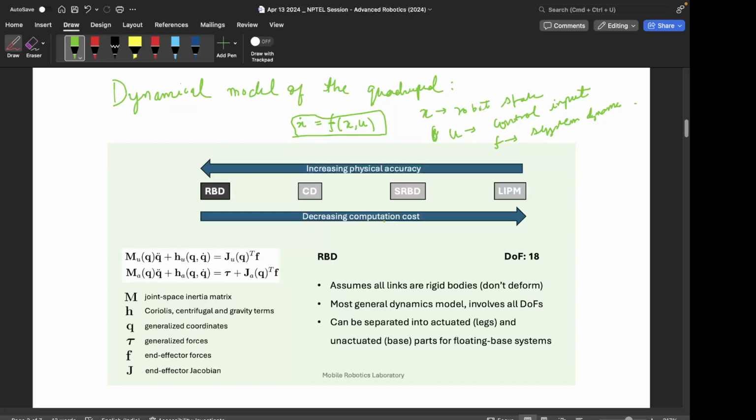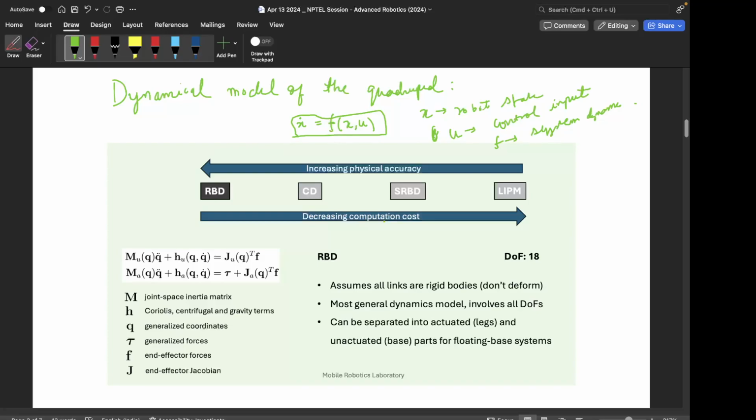So increased physical accuracy comes at a cost of higher computational effort, right? And sacrificing some physical accuracy, we can get economy in the computation, right?